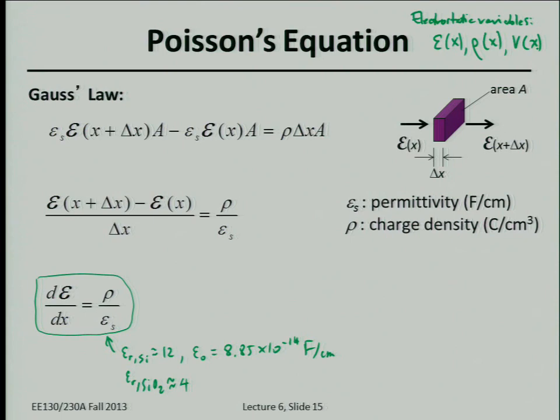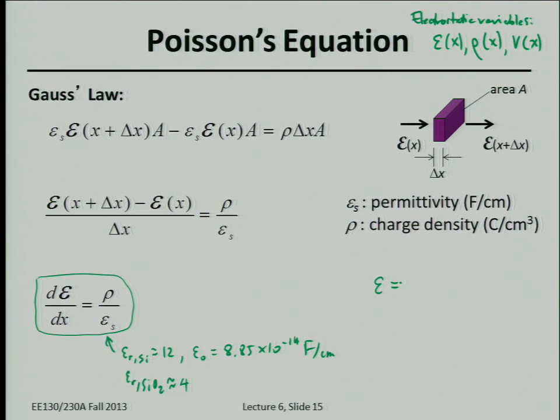Poisson's equation is nice because it allows us to find the electric field distribution in a semiconductor device if we know the charge density distribution. And once we have the electric field distribution, we can easily get the voltage distribution. In other words, we can see where voltage is dropped in our semiconductor device. What's the relationship between electric field strength and voltage?